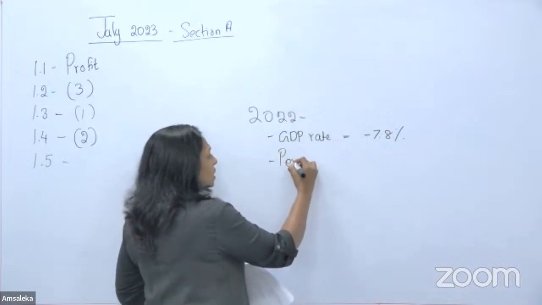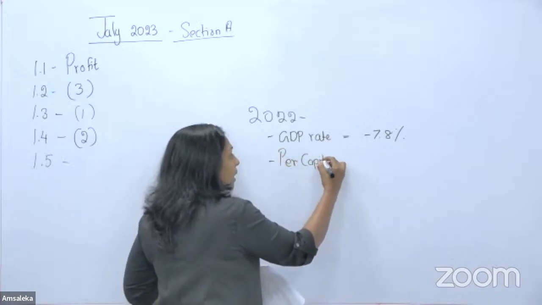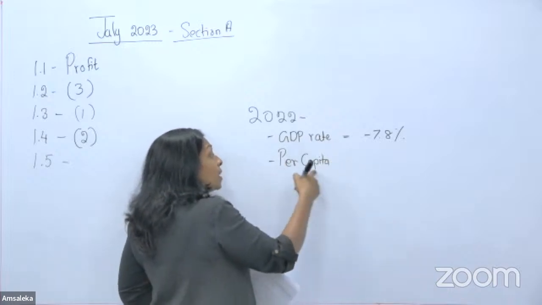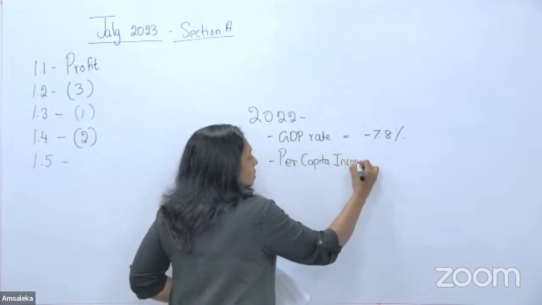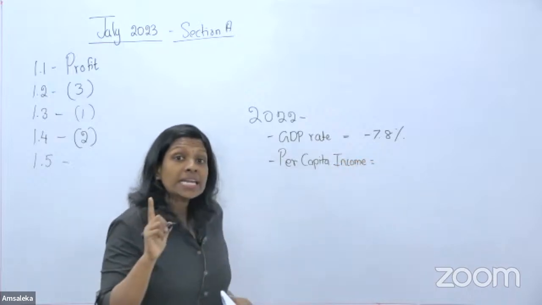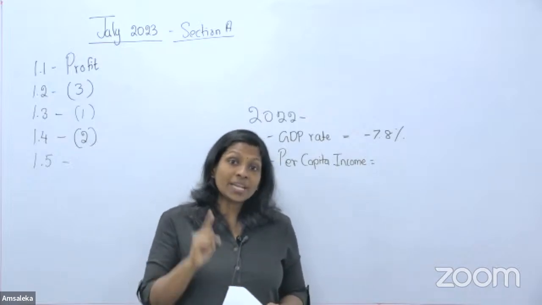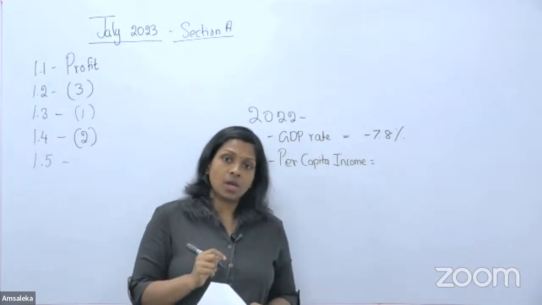Another one, it could check the per capita income. It's not capital, all the time I say that. Per capita income means each head, each person.